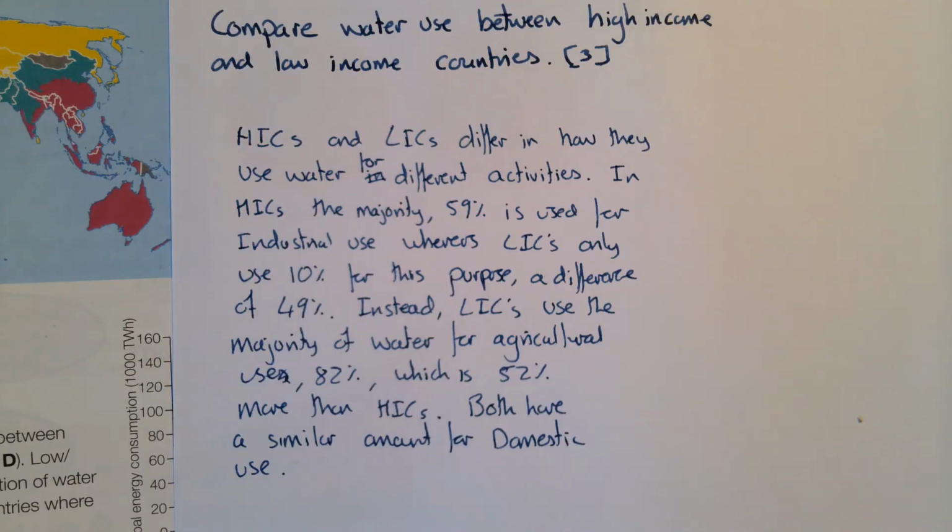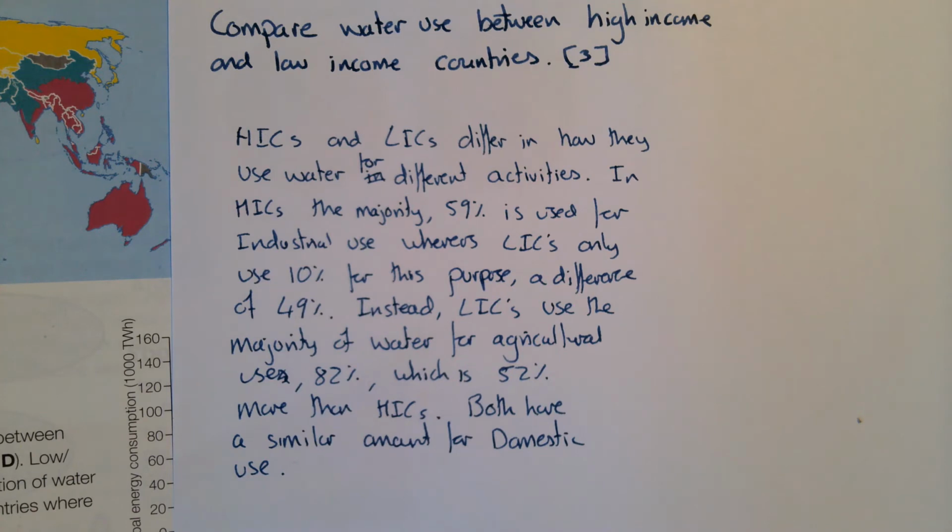Okay, let's see how you did. So first of all, I've started off by making the obvious statement that HICs and LICs differ in the activities that they use water for. I think that's important to say as your starting point. Then we need to jump into some detail and use some facts and figures.